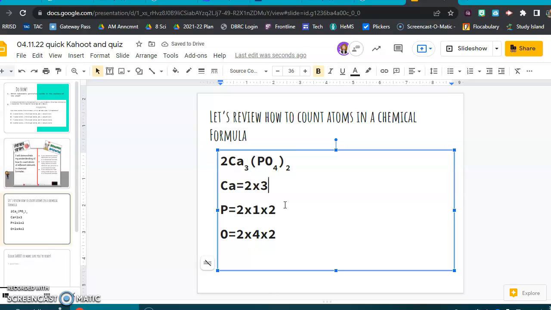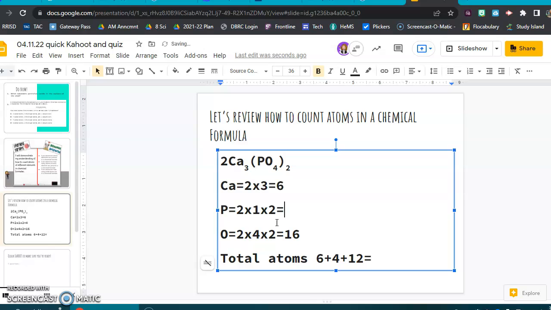So when we do 2 times 3, we get 6. 2 times 1 is 2. 2 more is 4. And here, 2 times 4 is 8. Times 2 is 16. And then for total atoms, is 6 plus 4 plus 16 equals, what did we come up with?